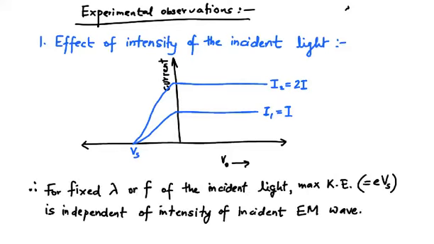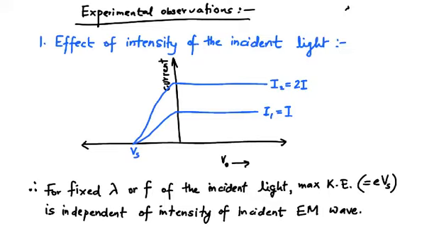Therefore, for a fixed wavelength or frequency, the maximum kinetic energy, which is equal to eVs, where Vs is the stopping potential, is independent of the intensity of the incident EM wave.